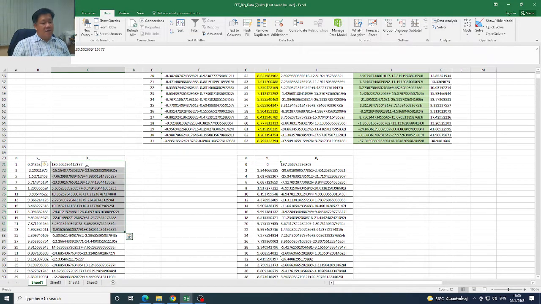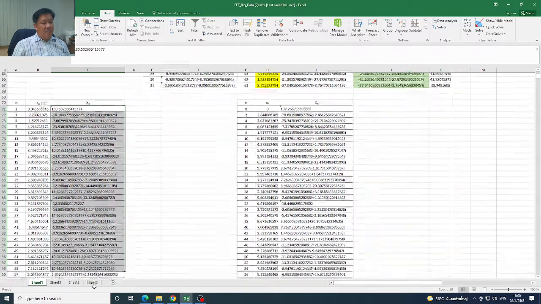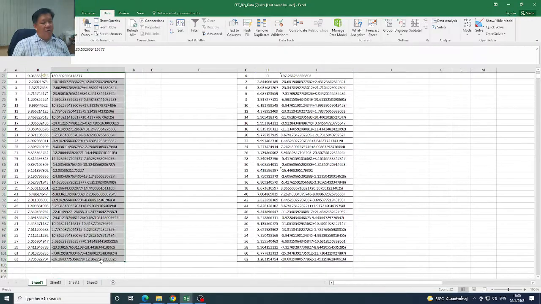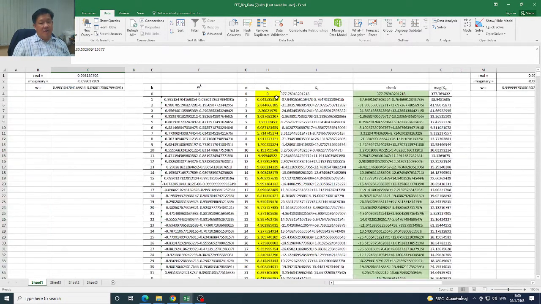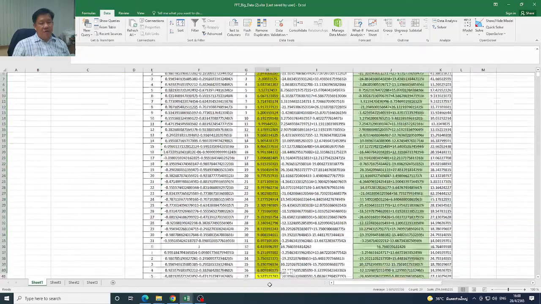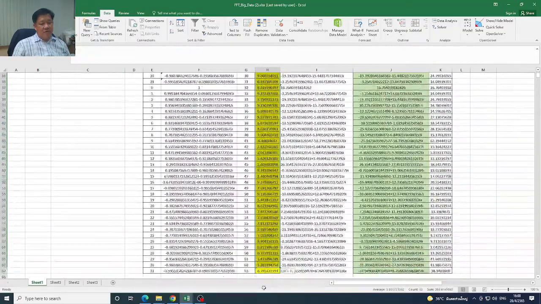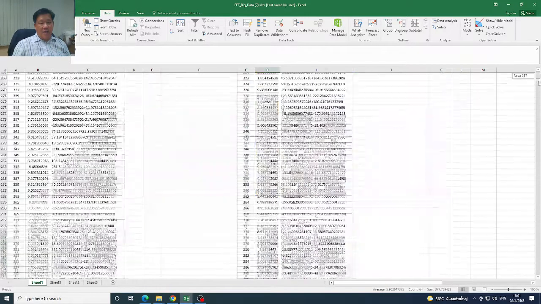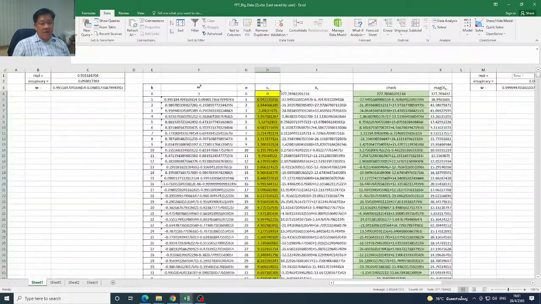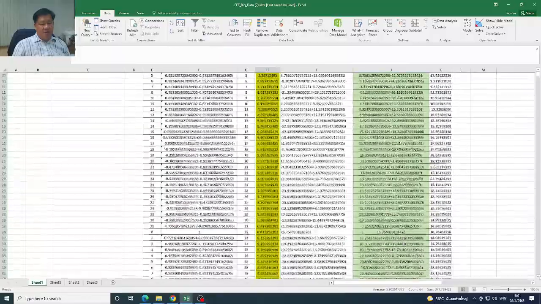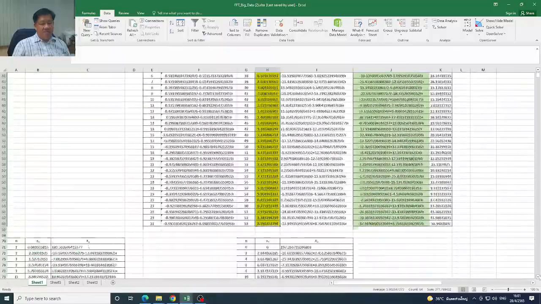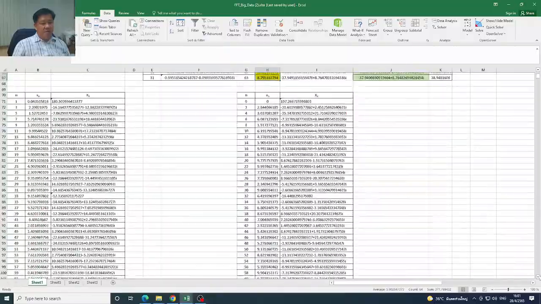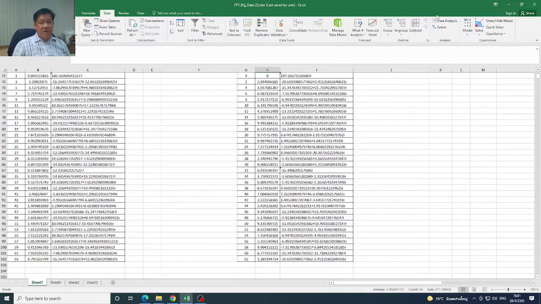And xk, actually these two, we apply Fourier analysis for only 32 data. Remember that we have 64, but we separate the data into two groups, and each group has 32.